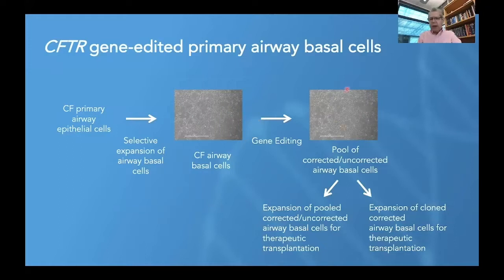One would then have a subsequent pool of cells, some of which are correct, some of which are uncorrected, which could then, if the efficiency was high enough already in this pool, be expanded and then used for transplantation perhaps, or could be single cell cloned to derive uniform populations of cells, all of which would be corrected for the CFTR mutation.